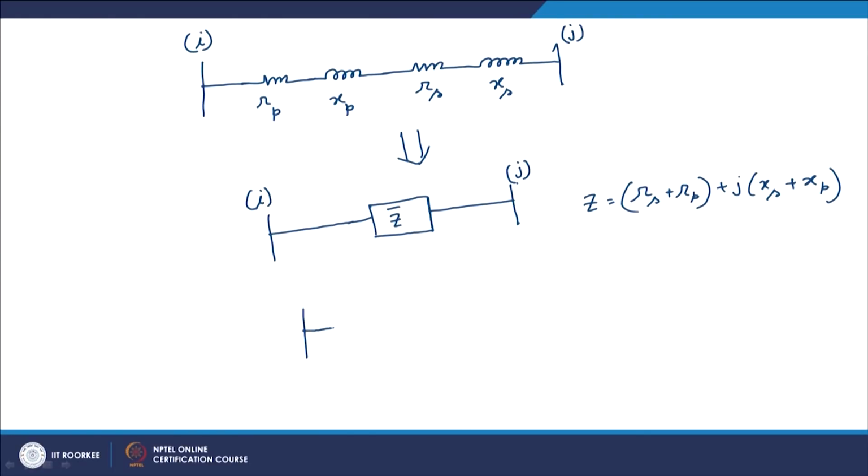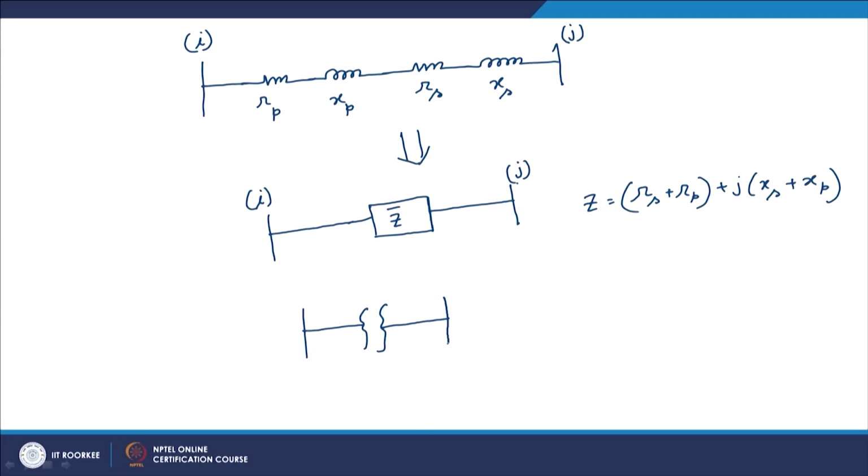We often put tap changers on the transformers, either at the primary side or at the secondary side, and to control the voltages of the transmission grid we adjust these taps wherever they are put, such that the effective voltage at the primary side or at the secondary side is either increased or decreased depending upon the requirement.